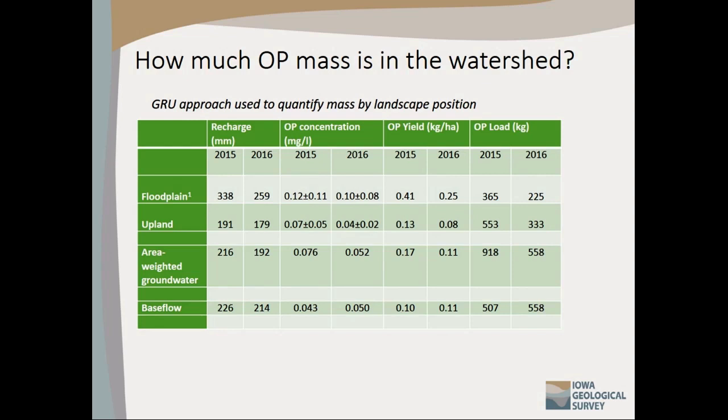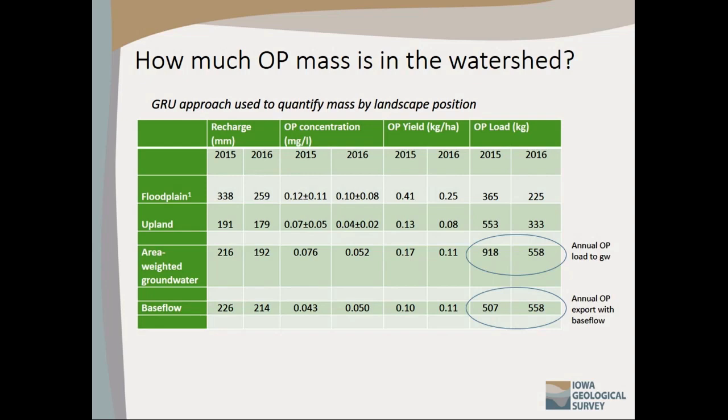So here we had an area-weighted loading rate to groundwater based on these landscape positions. So in 2015, we had about 918 kilograms of orthophosphorus enter the water table, and we had export of orthophosphorus with base flow at 500 kilograms.